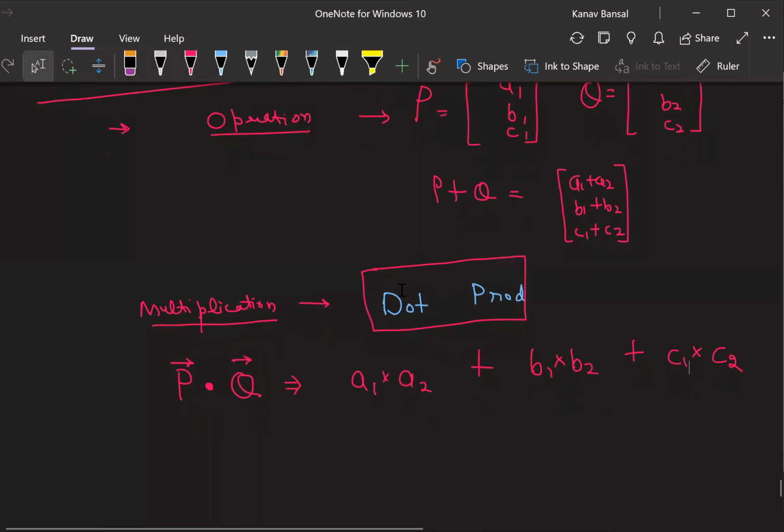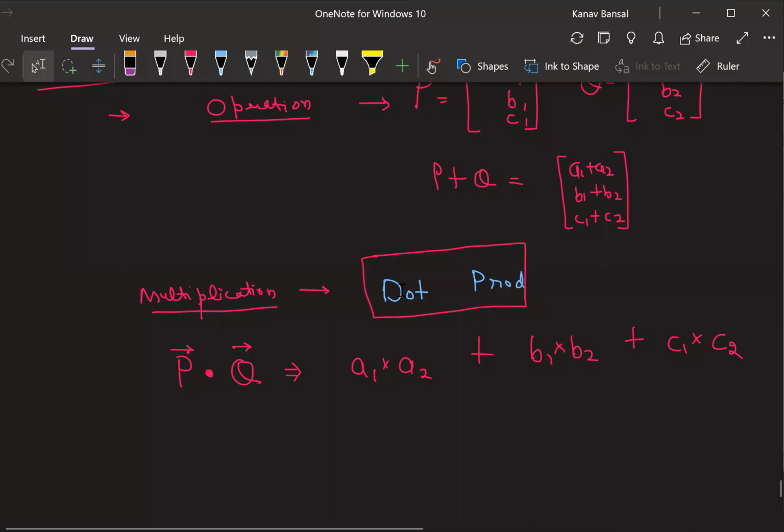Now, can anyone try to write it in the format of matrices? Can I write this as A1, B1, C1, the first matrix, and use a matrix multiplication with A2, B2, C2?